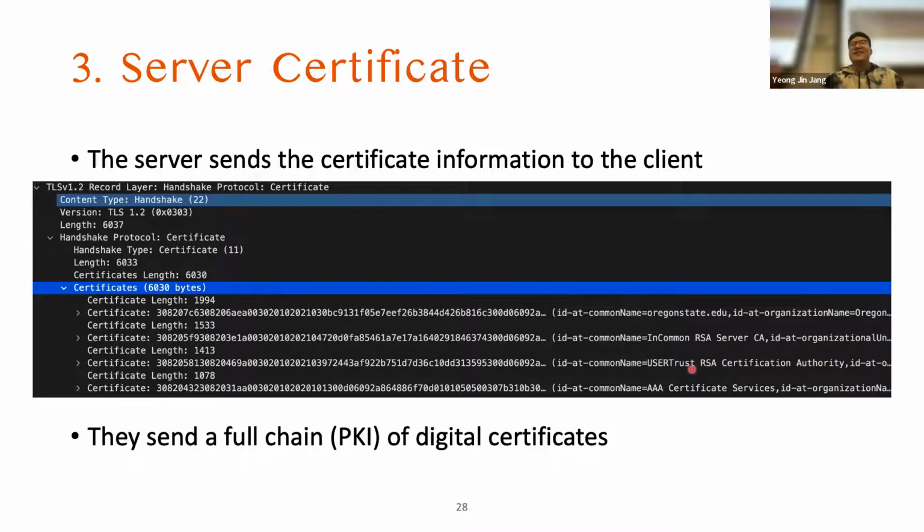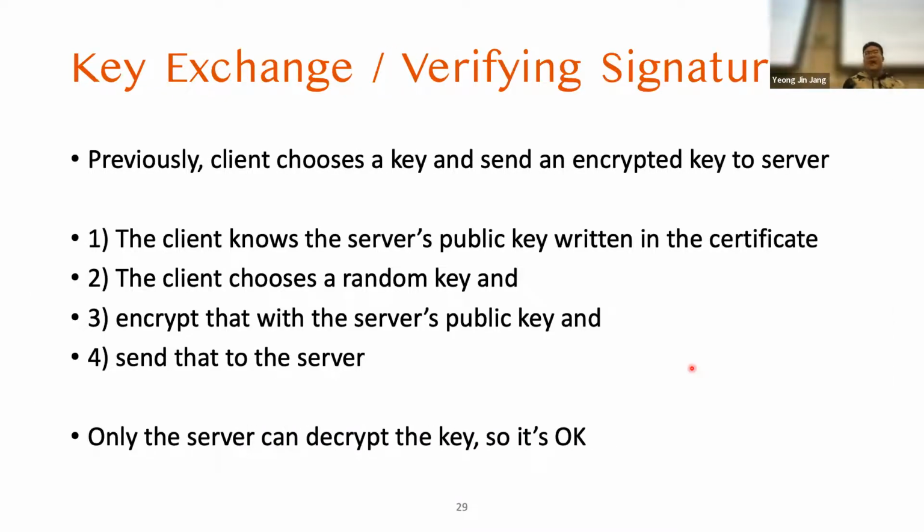Any questions about the client hello, the server sending the certificate, and the client verifying the server's identity? That's the part that resolves the authenticity problem. And then the next step after finishing authenticity is key exchange.